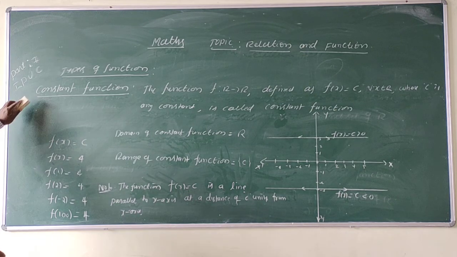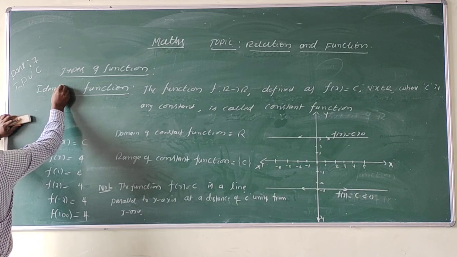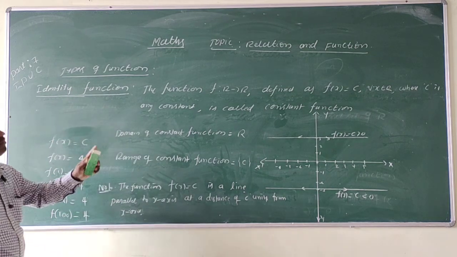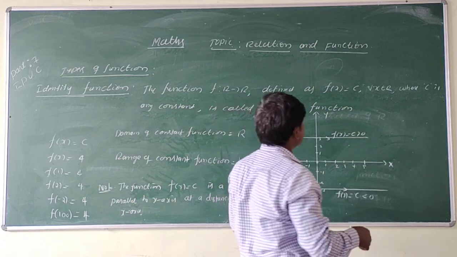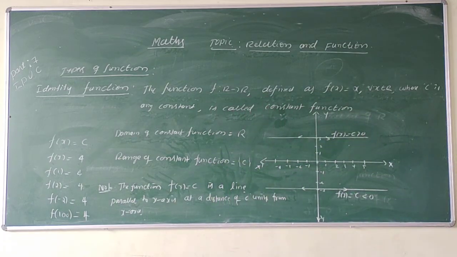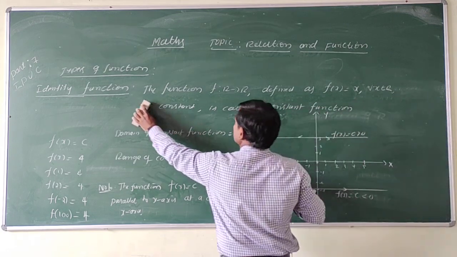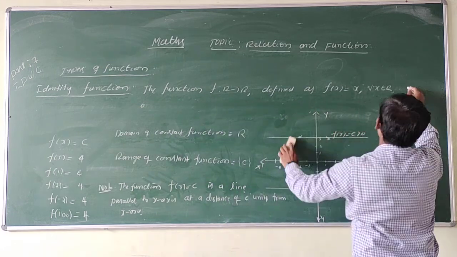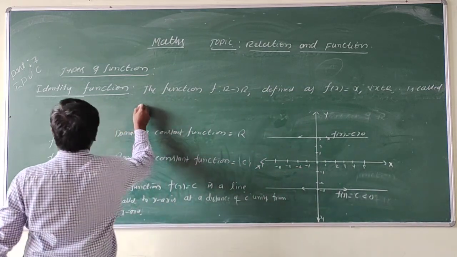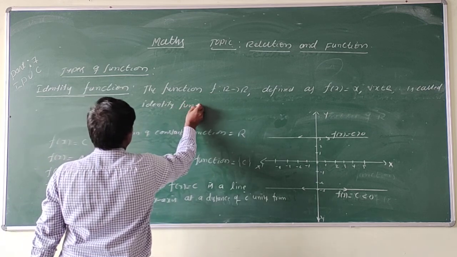Next one is the identity function. The function f, mapping from R to R, defined as f of x is equal to x for all x belongs to R, is called the identity function.